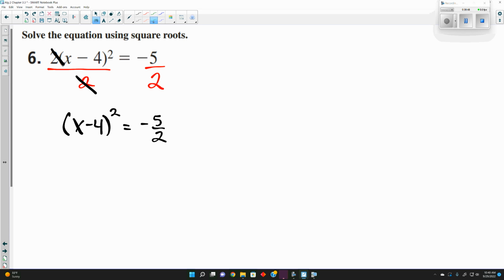Hold on. Look, here we have a set of parentheses squared that's by itself, so we can square root both sides.